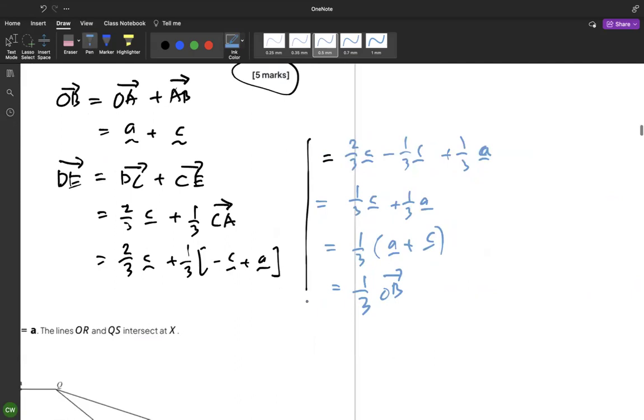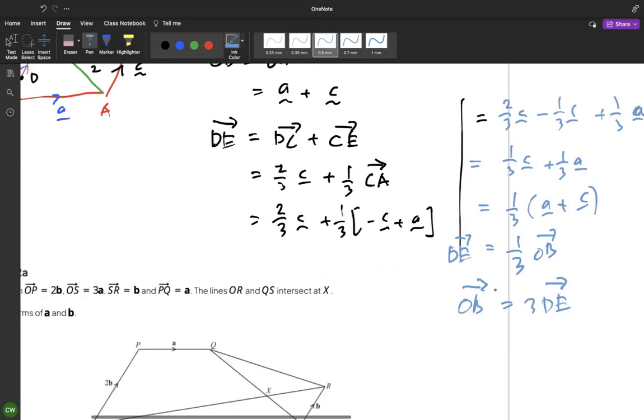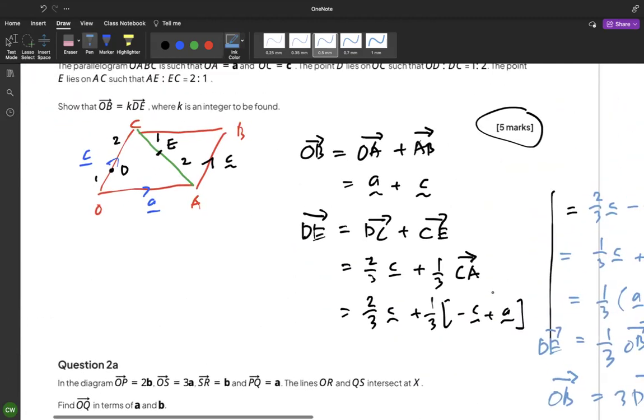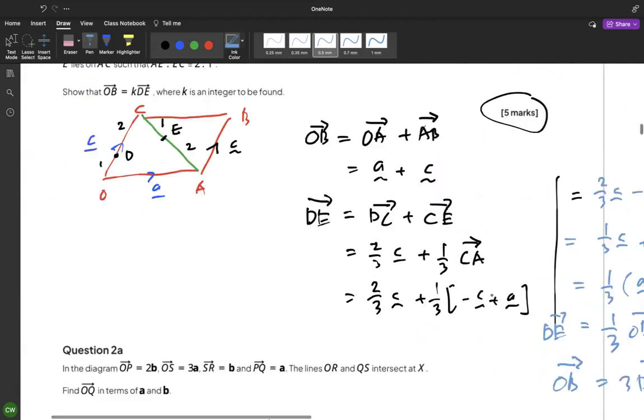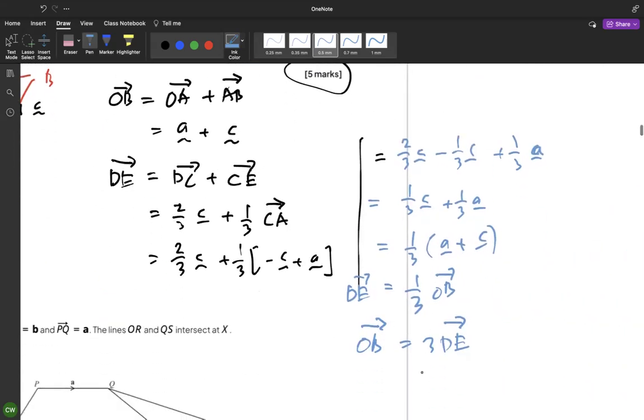So how do you write? Because this is DE. What is OB now? Cross multiply, 3DE. So is it correct? The K is 3? 3DE, right? Correct. That means the K will be 3. That's all.